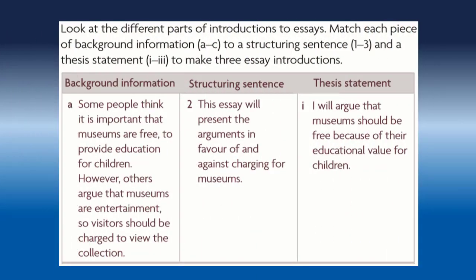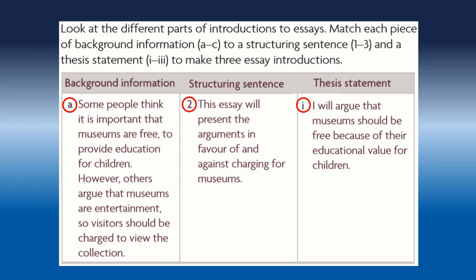Now look at the different combinations of background information, structuring sentence, and thesis statements. The first combination is A, 2, and Roman 1. If you write these three things together, you will have the first essay introduction.